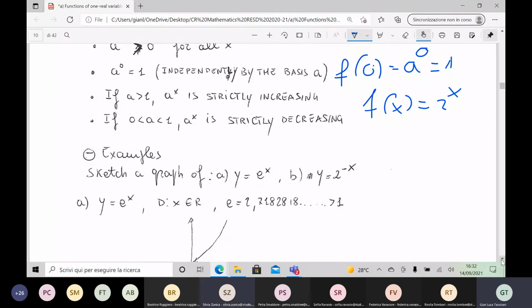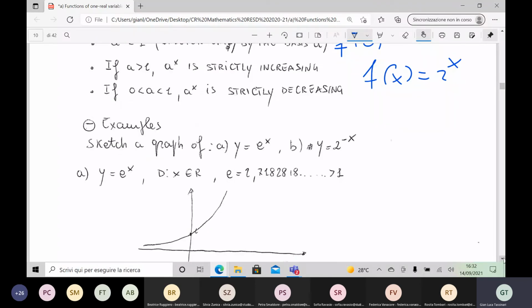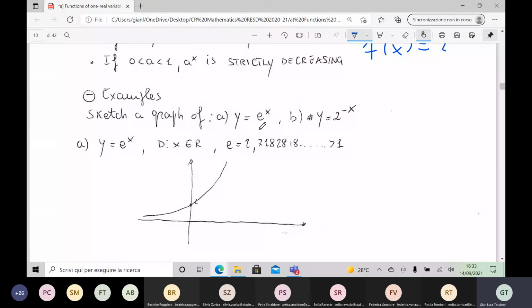Okay, the most famous exponential function is the exponential function with basis e. e is called the Euler number. Sometimes it's called the Nepero number, but I prefer to call it the Euler number. So this is the graph of e to the power x.